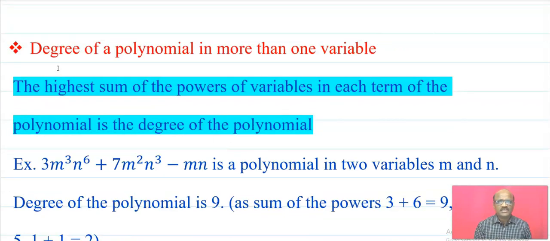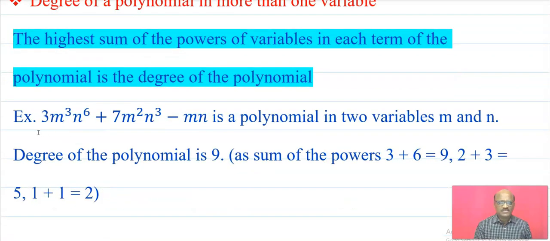Now next, degree of a polynomial in more than one variable. एकापेक्षा जास्त variable असतील तर, suppose the polynomial contains x and also y and also z, or l, m, n, or m, n, then what about that?